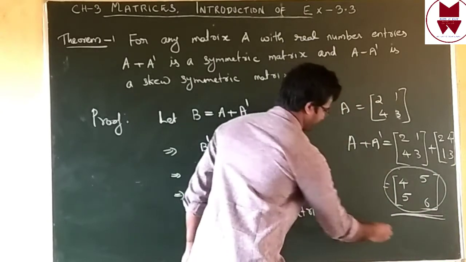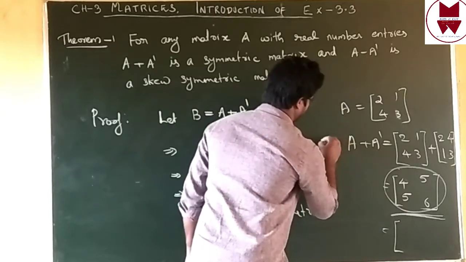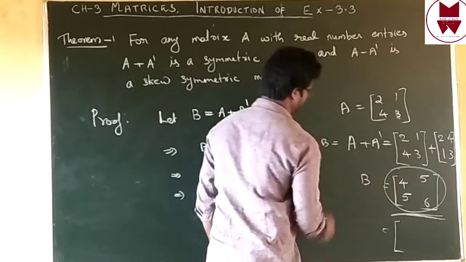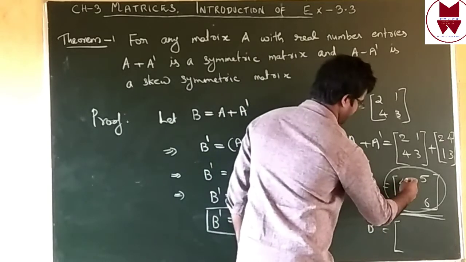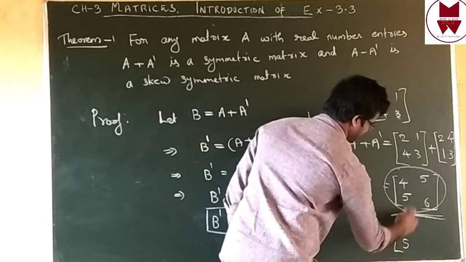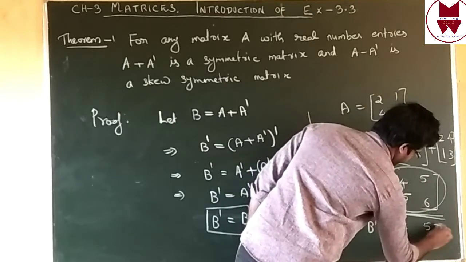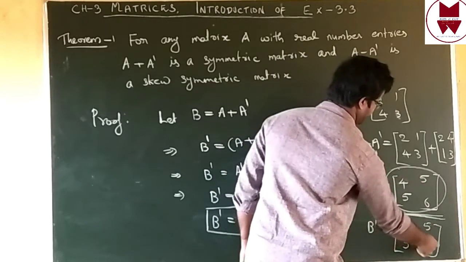We can check. Let's take this as B. Then take B dash. B dash, make the first row the first column: 4, 5, then 5, 6. Check it. Are these two equal or not? 4, 5, 5, 6 and 4, 5, 5, 6.